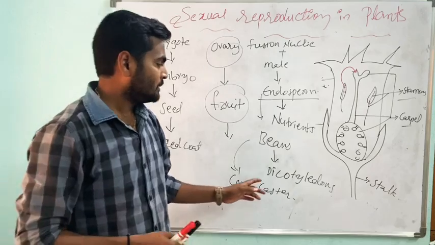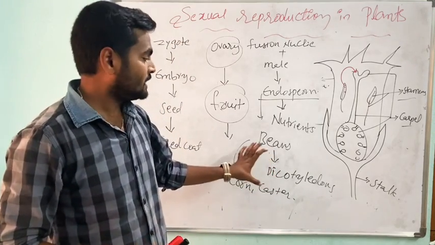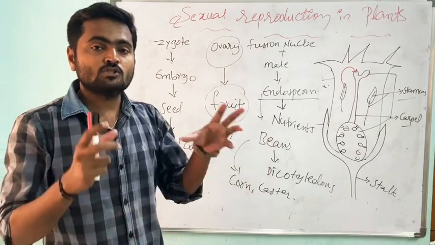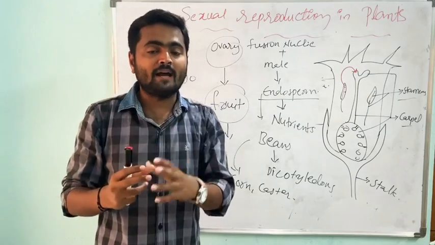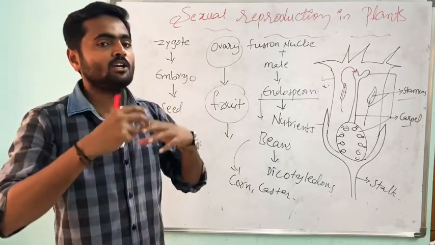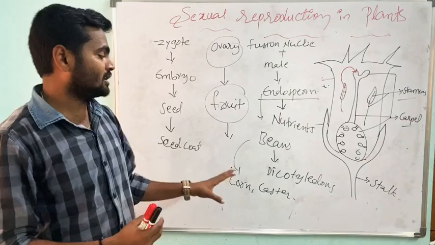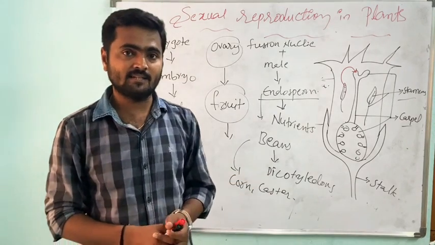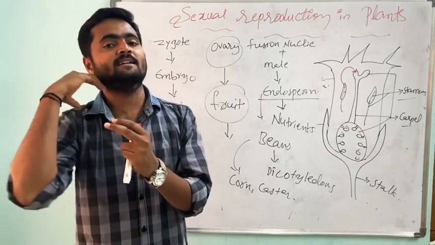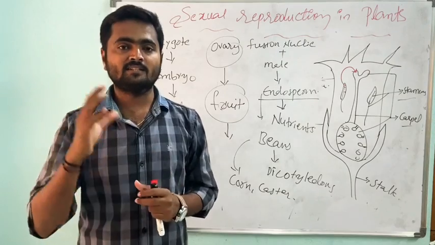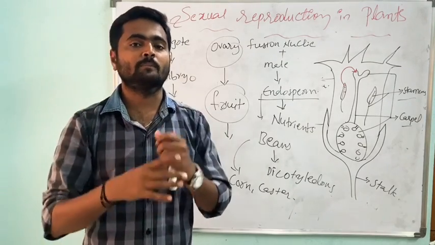In bean seeds, dicotyledons digest the endosperm and store the food material in their cotyledons, whereas in corn and castor seeds, the endosperm is still present surrounding the seeds. So it directly supplies the food material.